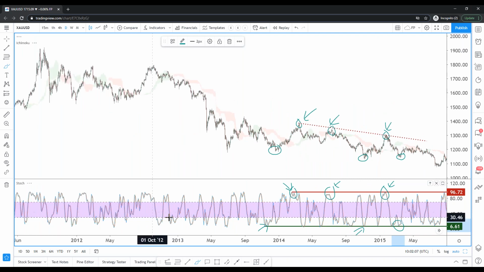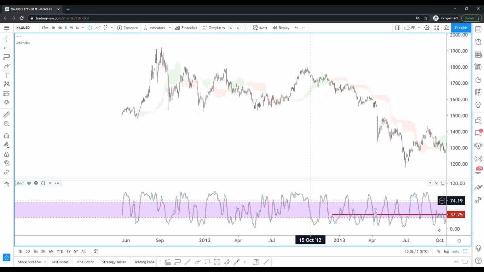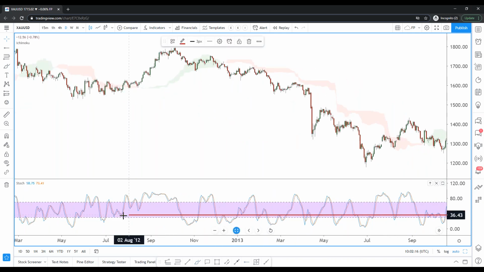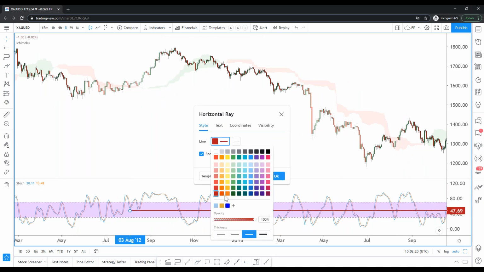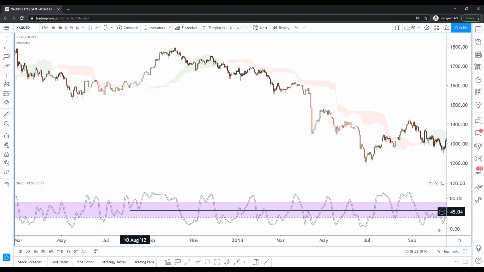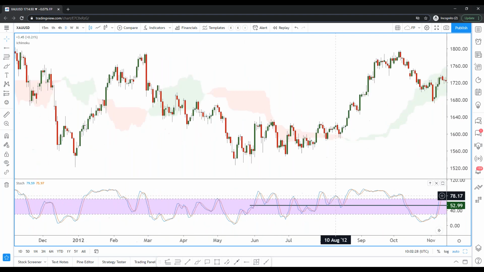Okay, so let me just see this example. You can see the same example that we have. We can also draw a horizontal line that cuts across like that. So let me just zoom in. You can see in this example, this is a hidden support and resistance level. For example, over here, you can see this level when you stretch it across. So this support level over here.